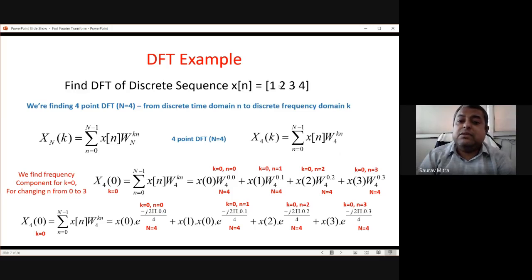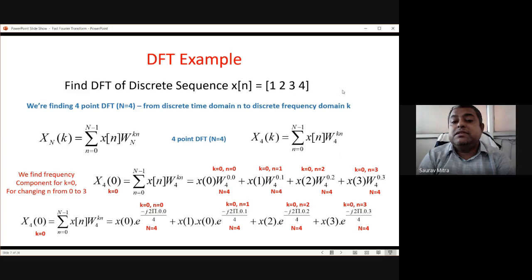If I give you this sequence and ask you to calculate a radix 2 DFT for 3, that means 2 raised to 3, that means 8-point, is it possible? The answer is obviously possible. In that case, x[n] = 1 2 3 4 is given for n from 0 to 3. Then you have to extend this by zero padding. Here you have to add 4 zeros and make it n from 0 to 7.